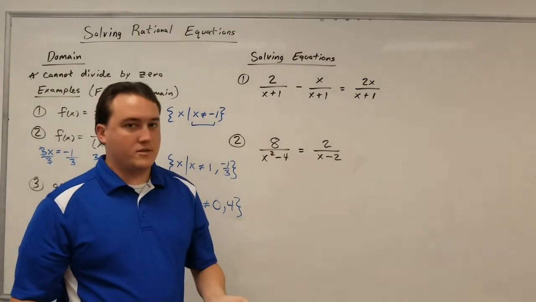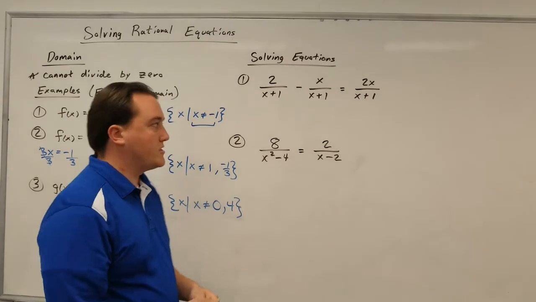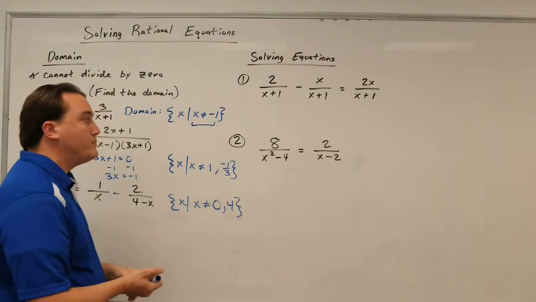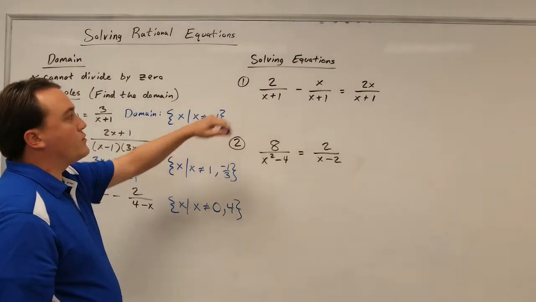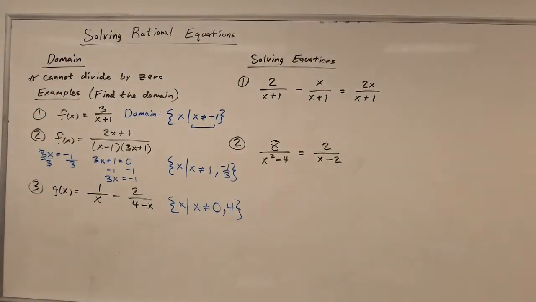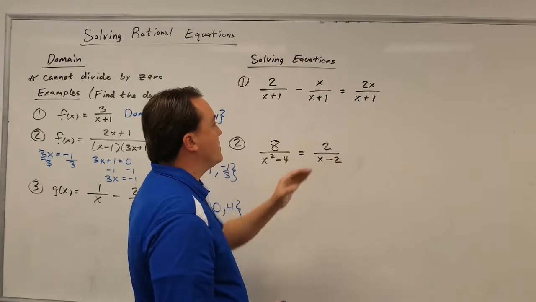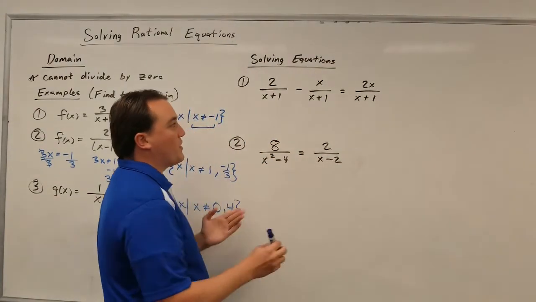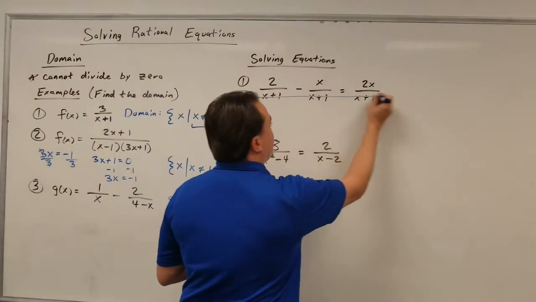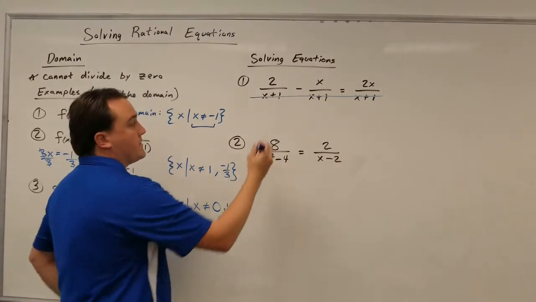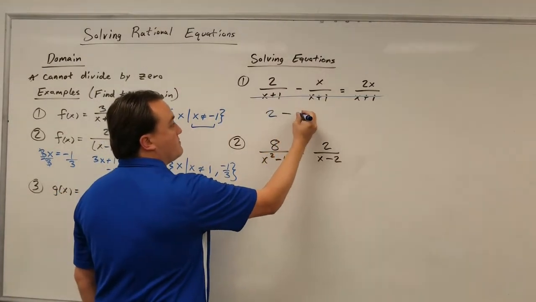Sometimes you're going to solve it traditionally, sometimes you'll solve it with factoring, it just depends on the problem, or the quadratic formula. So for number 1 here, all the bottoms are the same. They have a common denominator. So right away, we can take the equation and just throw out all the bottoms. So put a big line through it and solve this equation.